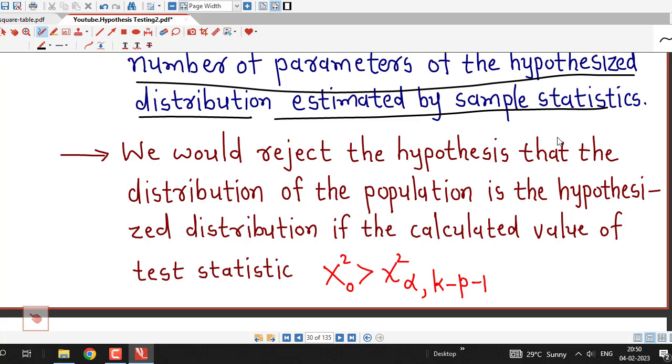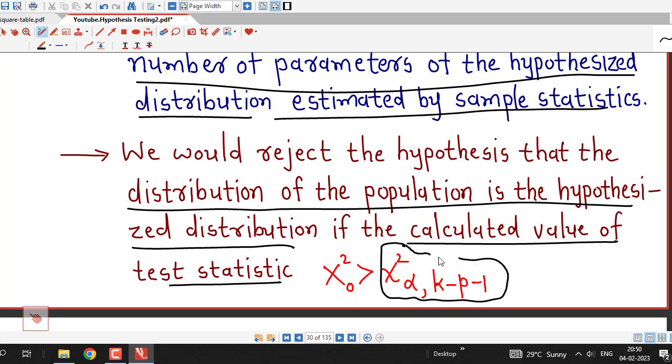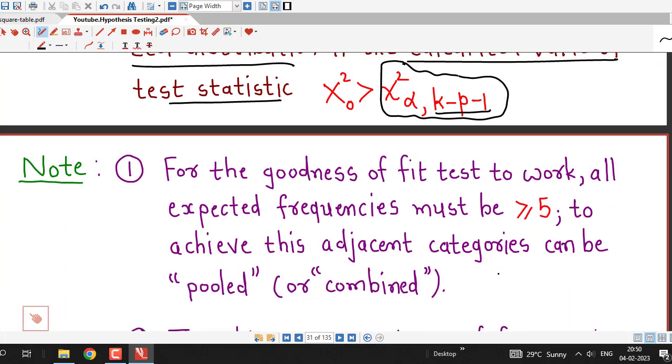We would reject the hypothesis that the distribution of the population is the hypothesized distribution if the calculated value of test statistic is greater than chi-square critical value for alpha level of significance and with k minus p minus 1 degrees of freedom.